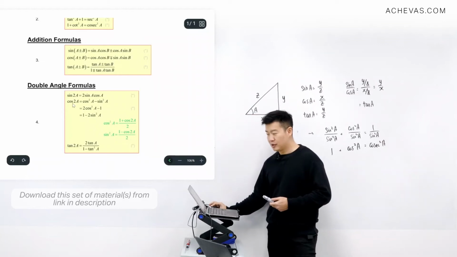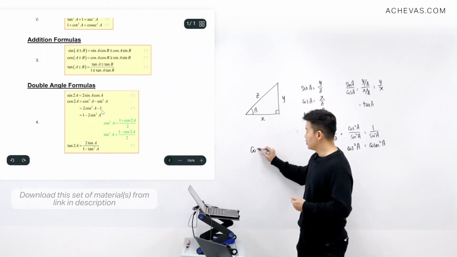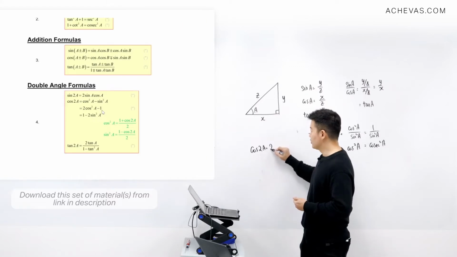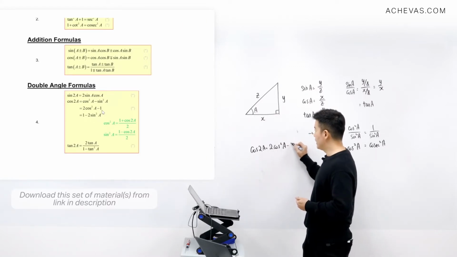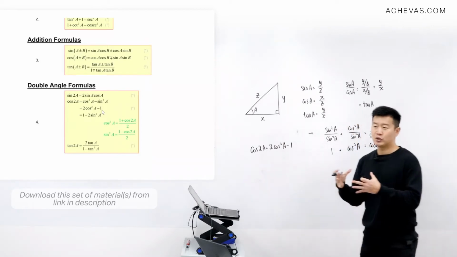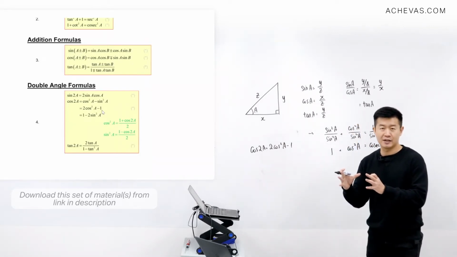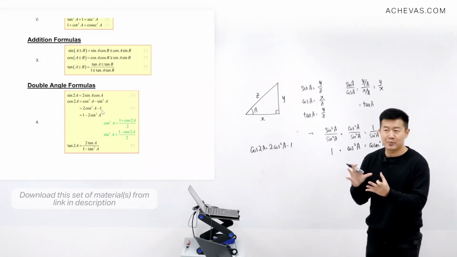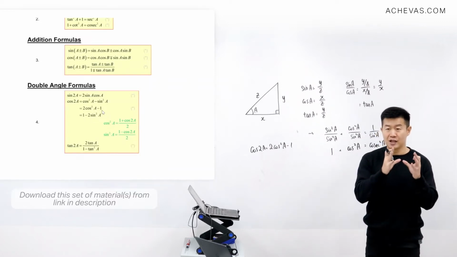For example, this double angle formula that we have here indicates that cosine 2A is equal to 2 cosine square A minus 1. Let me write it down here. So cosine 2A is equal to 2 cosine square A minus 1. What if we want to express cosine square A in terms of cosine 2A?